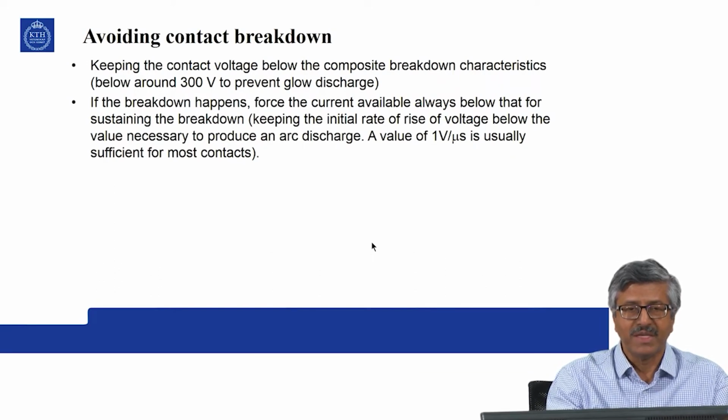So, the rate of rise of voltage is very important in forcing the current available below that value. A value of 1 volt per microsecond is usually sufficient for most contacts. So, you keep it below that value, then you can prevent arcing.